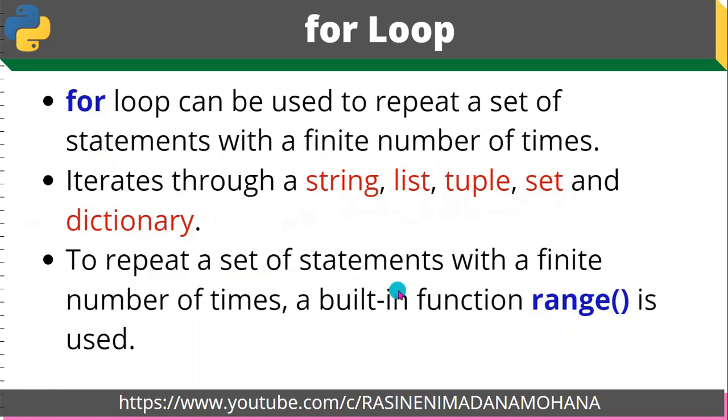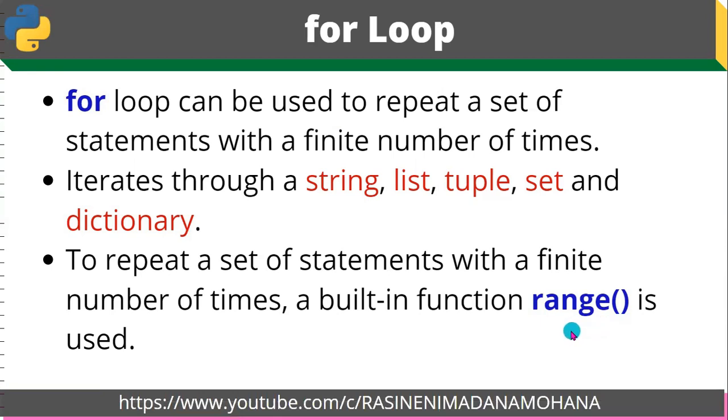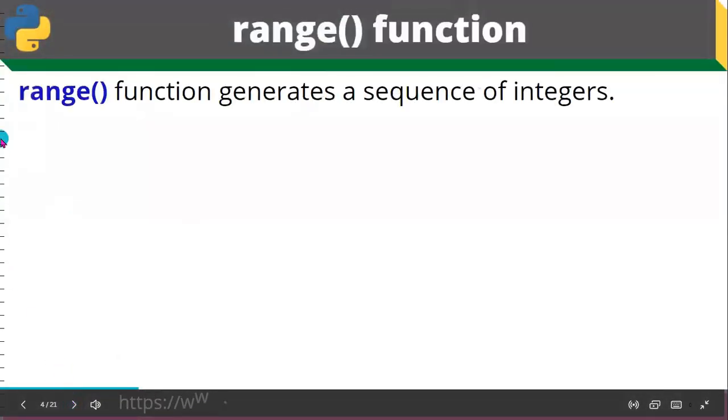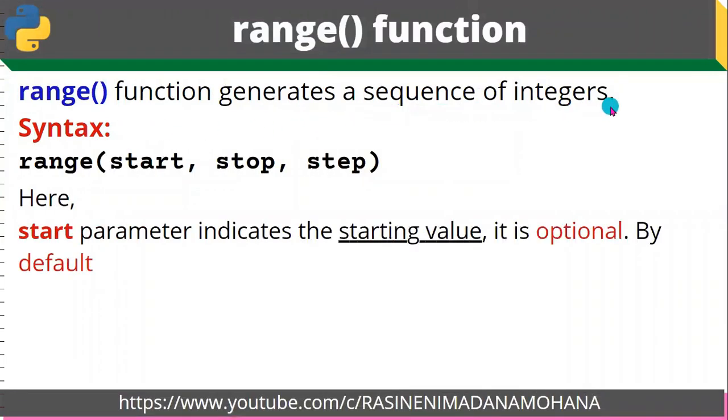To repeat a set of statements a finite number of times, one built-in function is used, that is called the range function. Before seeing the for loop syntax, first let us see what the range function is. The range function is used to generate a sequence of integers.